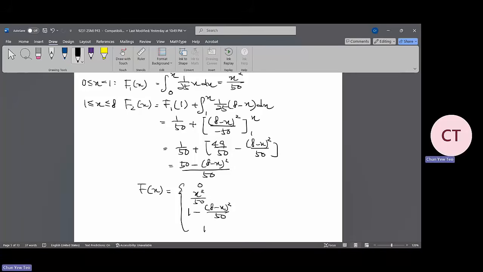One is for x less than 0. This one for the x 0 to 1. This is for the x between 0 to a. This is for the x greater than a.